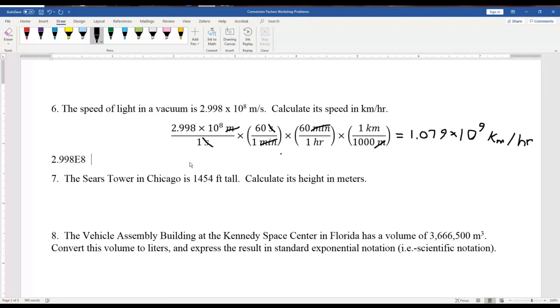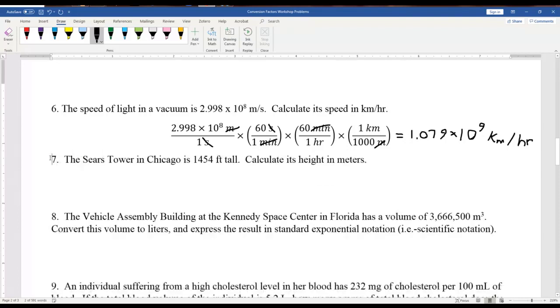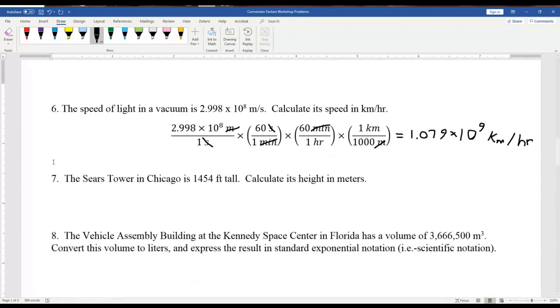And there's a button on your calculator that does that. It sometimes writes it like EE, or sometimes it will just have E, but that's what it means. It means 2.998 times 10 to the power of whatever comes after it, in this case 8. Cool. Does that make sense?